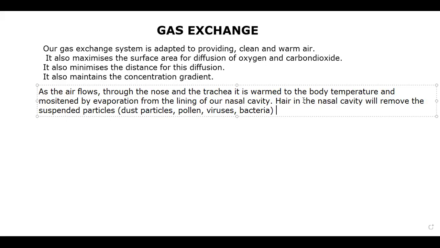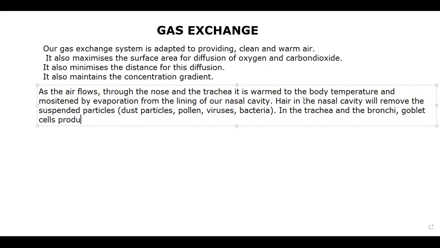Now, after that, our air is going to enter into the trachea and the bronchi. Okay. In the trachea and the bronchi, goblet cells are present, right? So, goblet cells produce mucus.